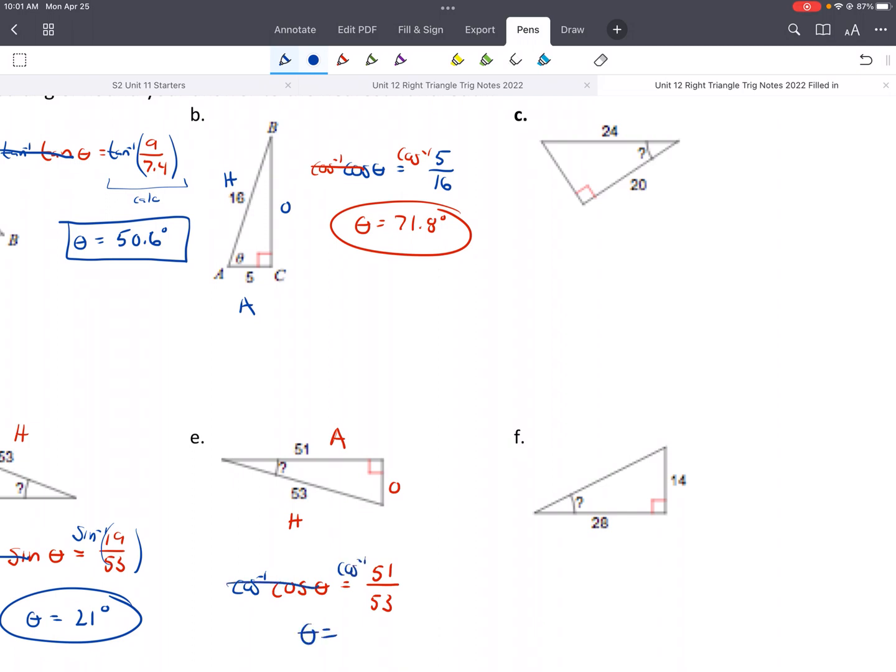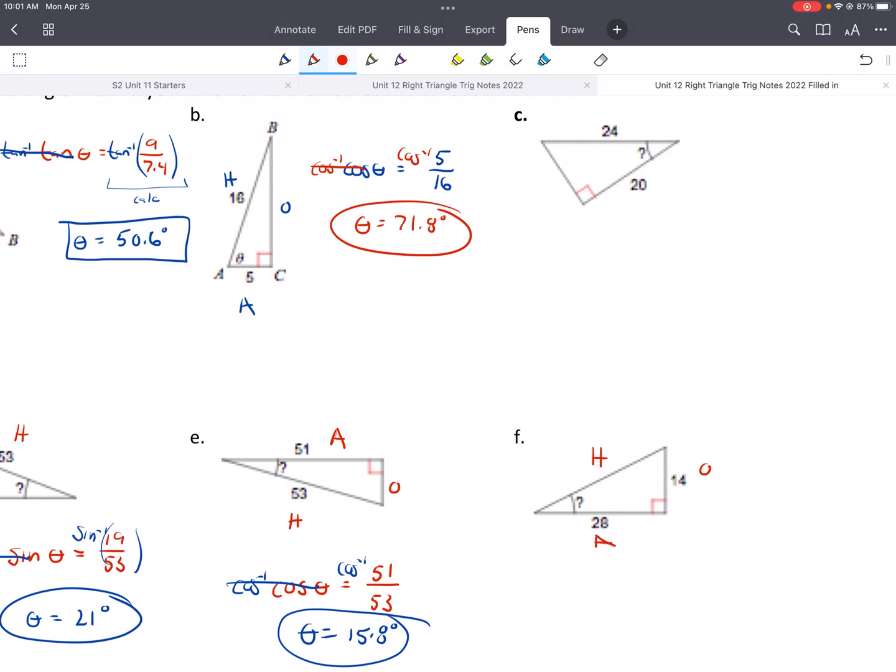So theta equals second cosine of 51 divided by 53. And I got 15.8 degrees.